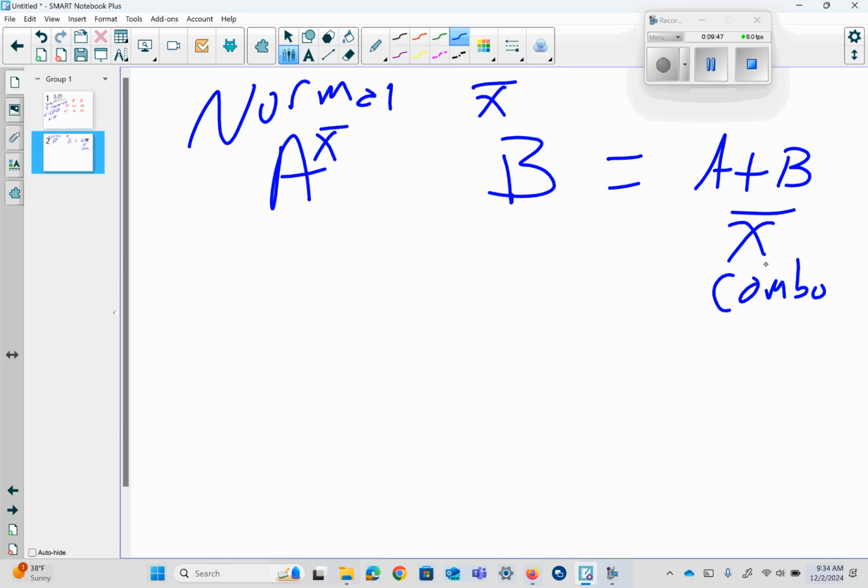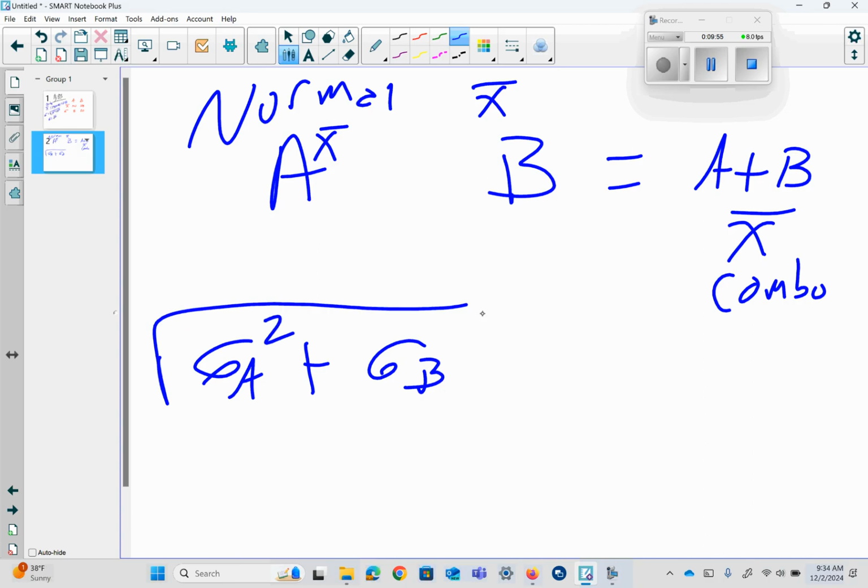And then the standard deviation of A and the standard deviation of B can be combined too. To find the combo standard deviation, it basically looks like the Pythagorean theorem, but can really go on steroids. So it's a pretty simple assignment on a Monday, which is great. Tomorrow gets a little more meat and potatoes to it.